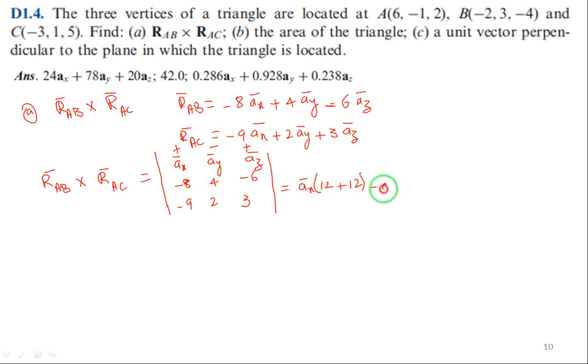So minus A_Y vector into, leave the A_Y column and leave this row, minus 8 into 3, 8 3 is 24, minus 24, minus into minus plus, 9 4 is 36. Next plus A_Z into, leave that particular column, A_Z column and row, minus 8 into 2, minus 16.